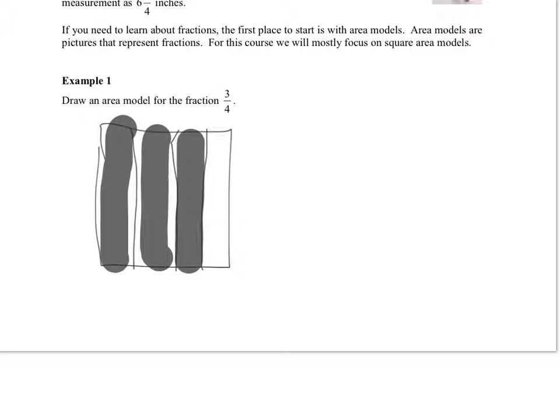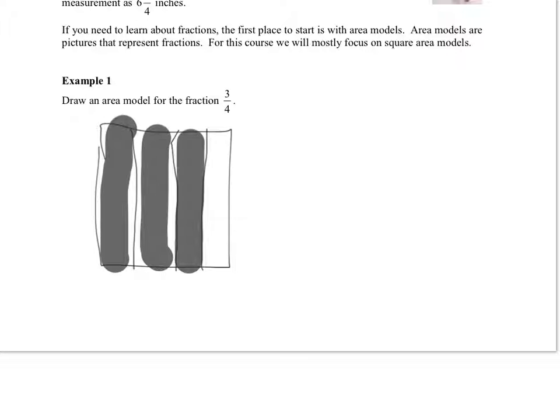If we look at 3/4, we have 4 pieces, 1, 2, 3, 4, but only 3 are shaded. So 3 out of the 4, sometimes that's what that line can mean, is out of. So we have 3 pieces out of 4 possible pieces, and that's a fraction. And this is an area model.